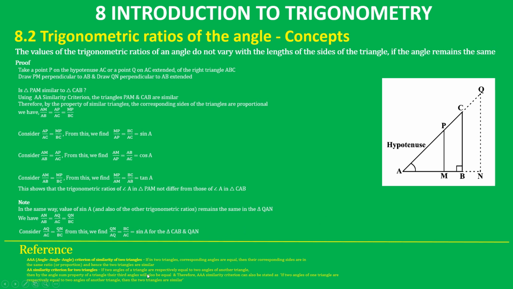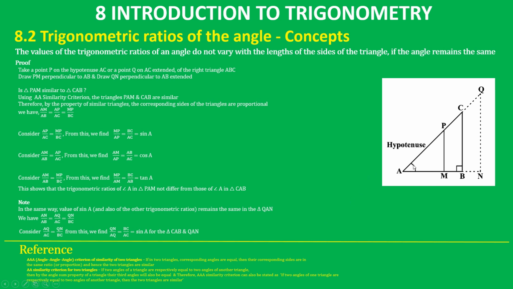If two angles of a triangle are respectively equal to two angles of another triangle, then by the angle sum property of the triangle, the third angles will also be equal. Just now I explained that angle P is equal to angle C. Therefore, the angle similarity criterion can also be stated as: if two angles of one triangle are respectively equal to two angles of another triangle, then the two triangles are similar.